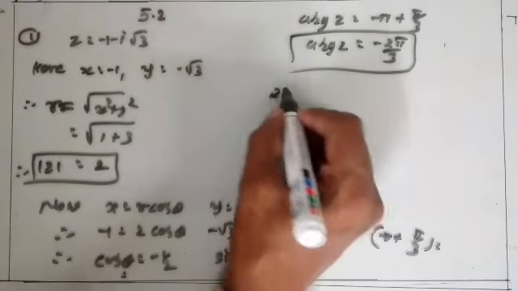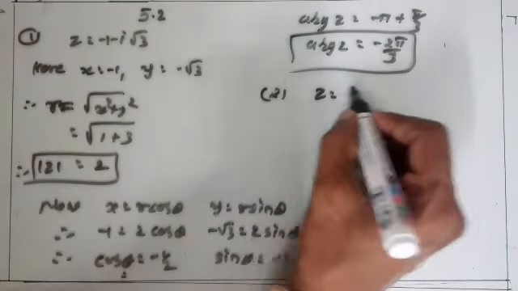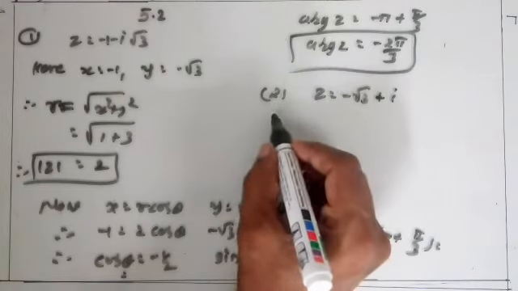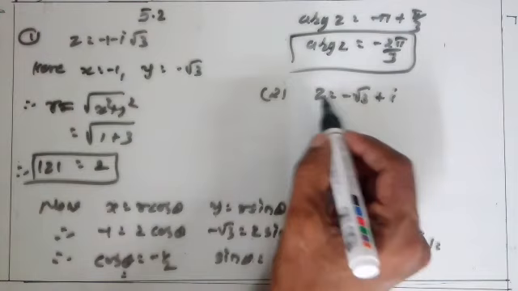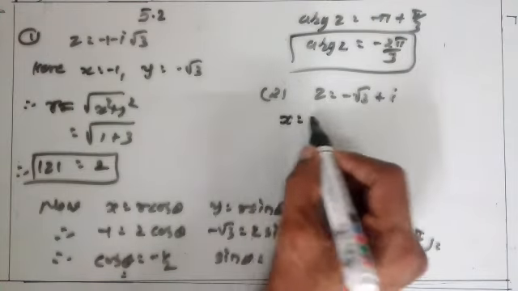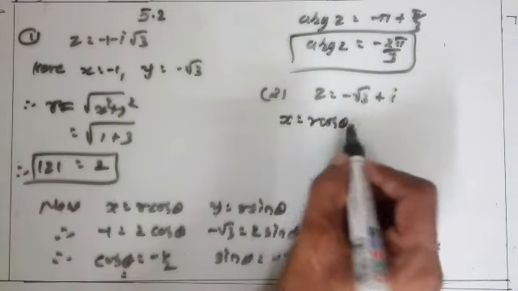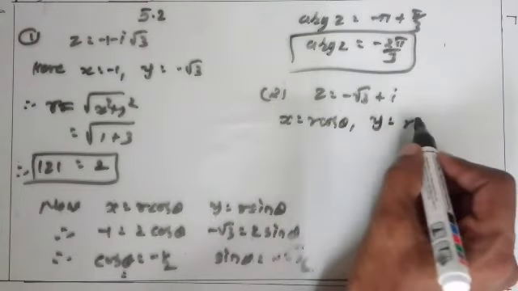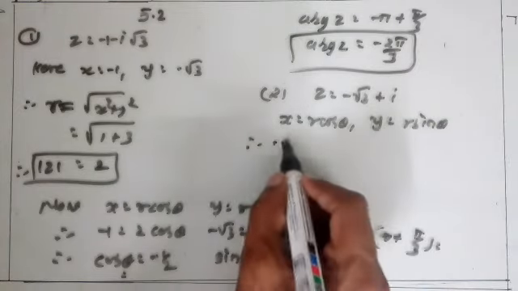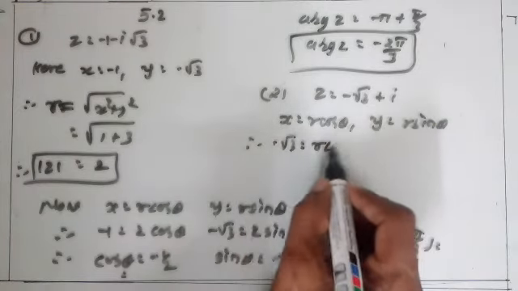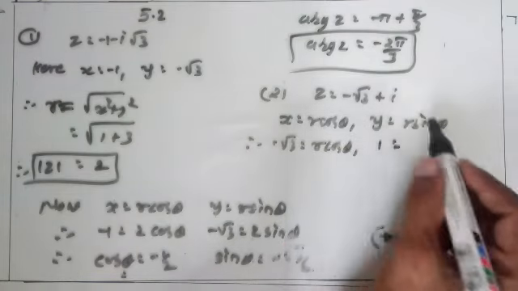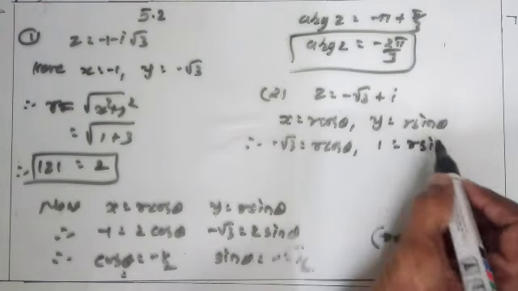Similarly, for the second question, z is equal to minus root 3 plus i. So comparing with z is equal to x plus iy, here x is equal to minus root 3, and we know that x is r cos theta, and y is equal to r sin theta. Now replacing x by minus root 3, r cos theta, y is equal to 1, here r sin theta.